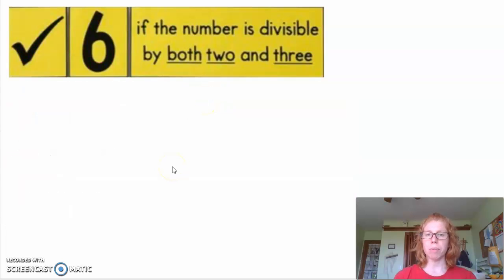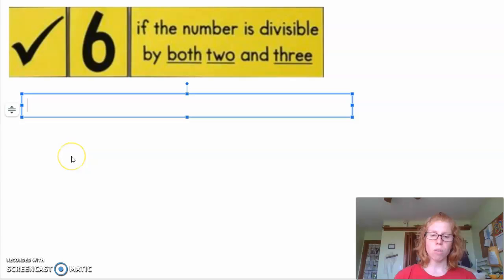Let's try the number 6. Now this rule is a number can be divided by 6 if the number is divisible by both 2 and 3. So let's look at the number 18. Can I split 18 in half evenly? Yes, I can. 18 split in half is 9.